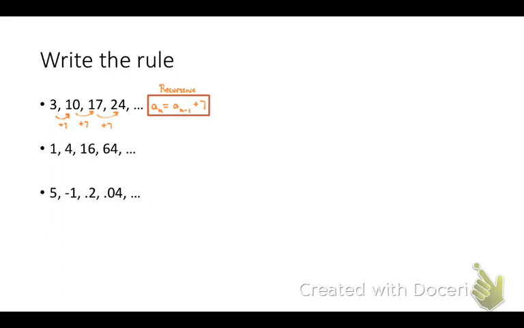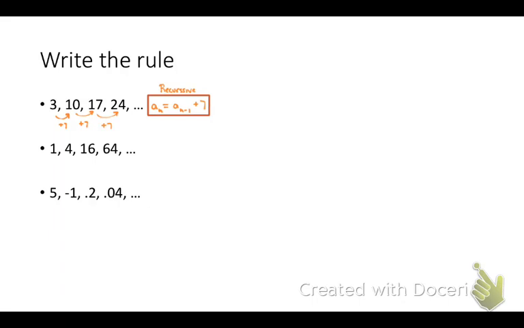Now, if we had the same thing, here's where we're going to write both the explicit and the recursive rule. Sometimes there's not really an explicit rule. There can always be a recursive rule, but there doesn't necessarily have to be an explicit rule for our values.